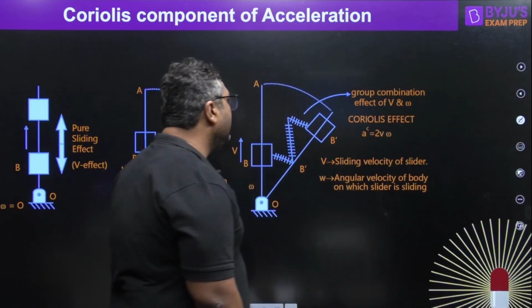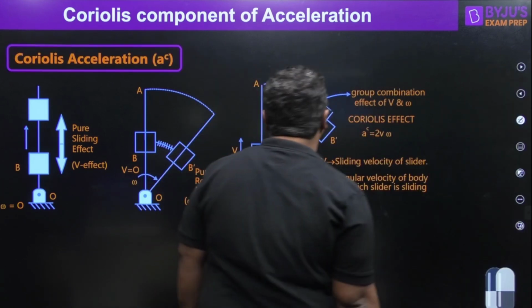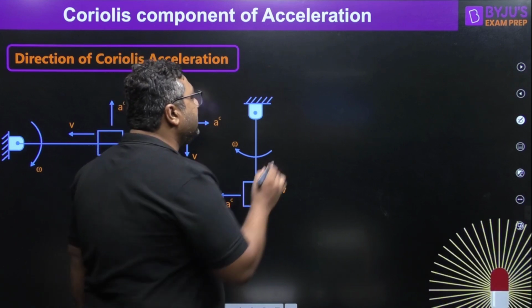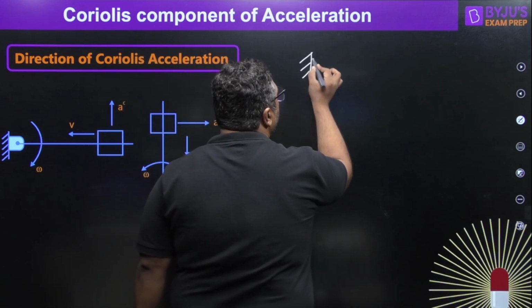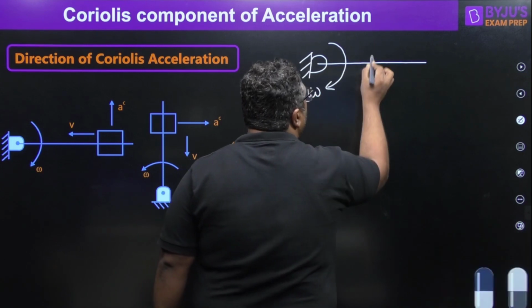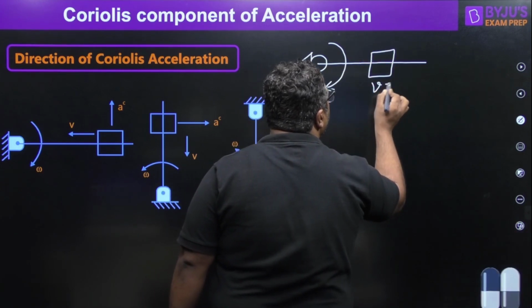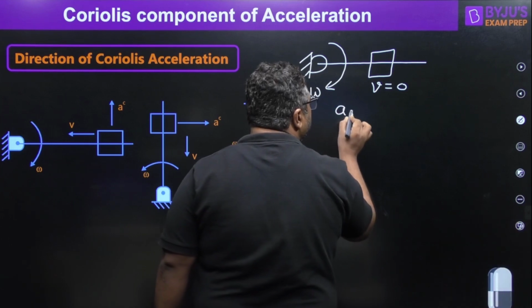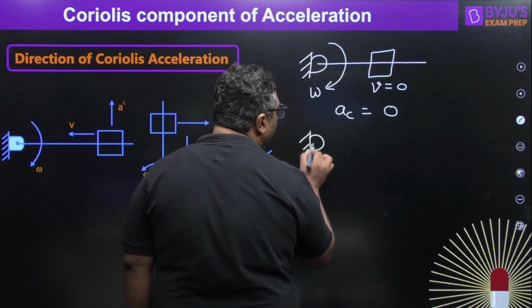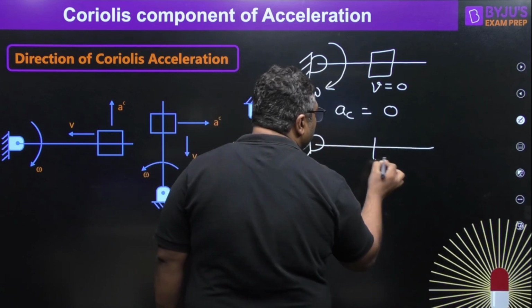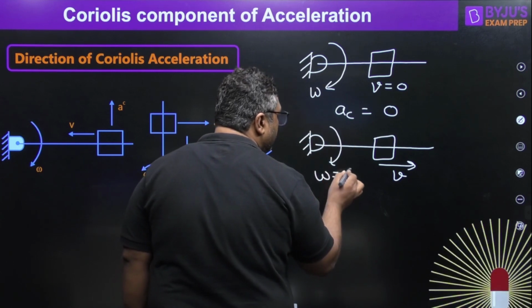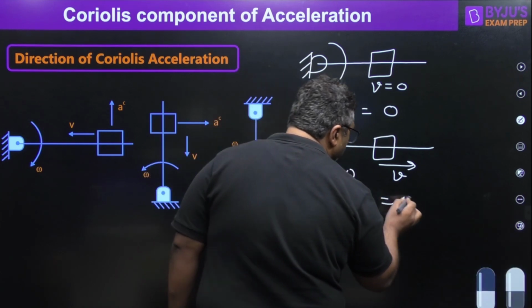My dear, now we will see the direction also, but first I will tell you once again where it is present. Let us say we have a rotating body like this, but on this body the slider is not sliding. Then you will say the Coriolis component of acceleration is 0. We can also have another case where the slider is sliding but the body is not rotating, then also the Coriolis component will be 0.